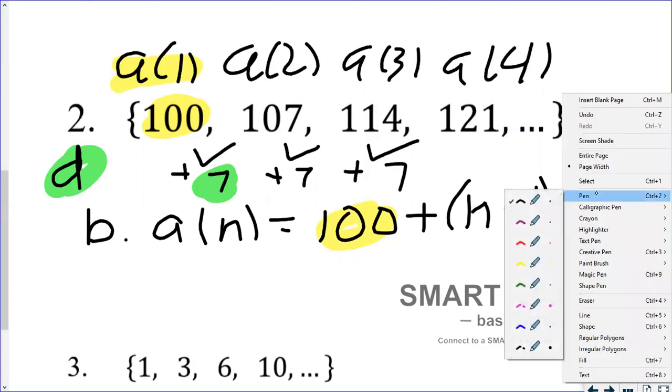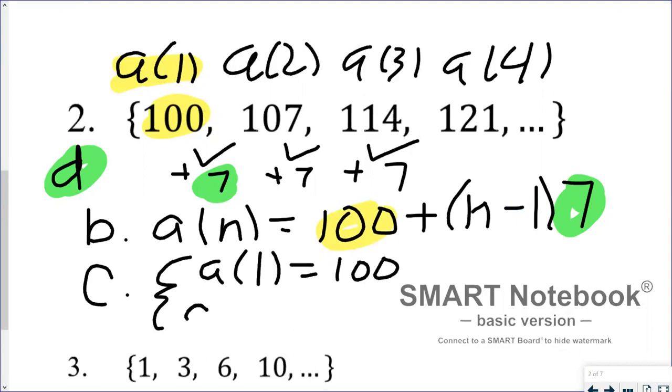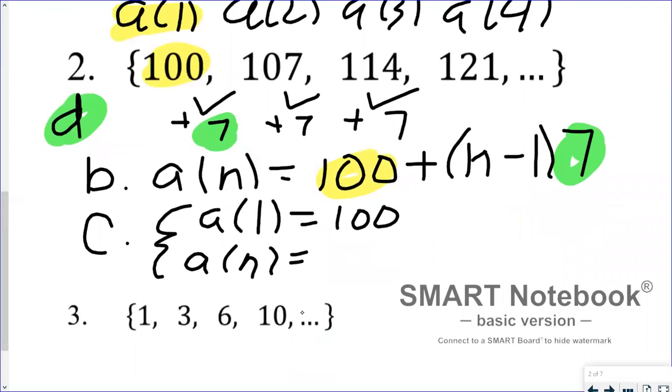Now for part C, it's asking for a recursive formula. So that would be just A1 equals 100, and then AN equals AN minus 1 plus the common difference, which is 7.